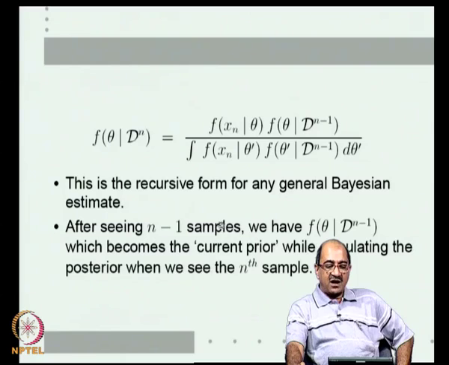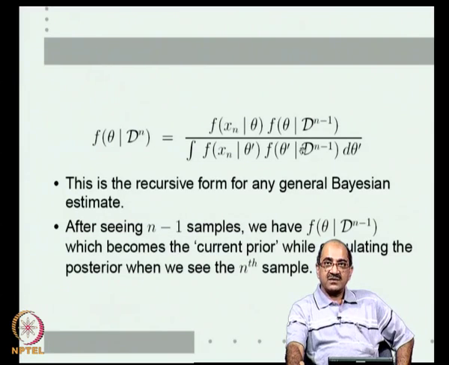One way of looking at it is after seeing n minus 1 samples, we have f theta given D n minus 1. Now, that becomes the prior, so to say, that is the current prior density. Normally, in the posterior density, I get the likelihood here and prior here. So, I can think of this as, at the end of seeing n minus 1 samples, my current belief about theta is f theta given D n minus 1, right.